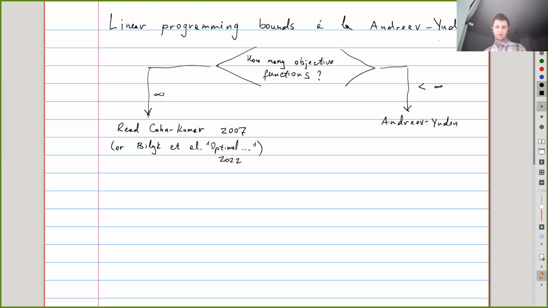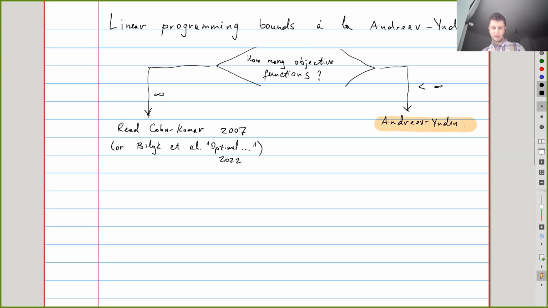So there are two options. Either you're working with a family of interactions, an infinite family, in which case you probably need to read Kumar and figure out the details. If you have only one objective function, or maybe 20 objective functions, then you do not need a lot of fancy theory.